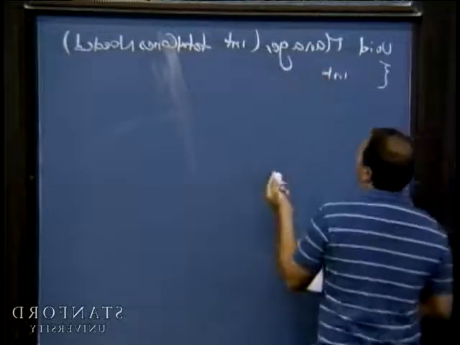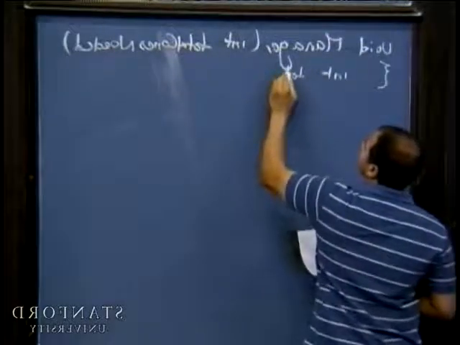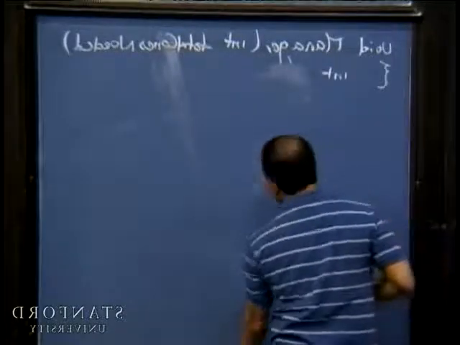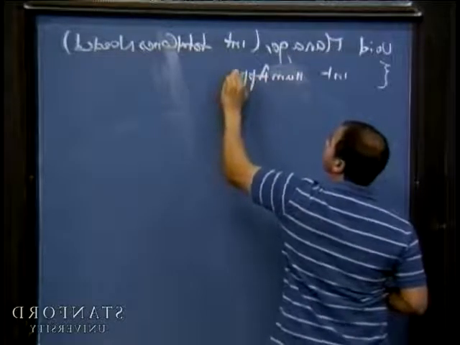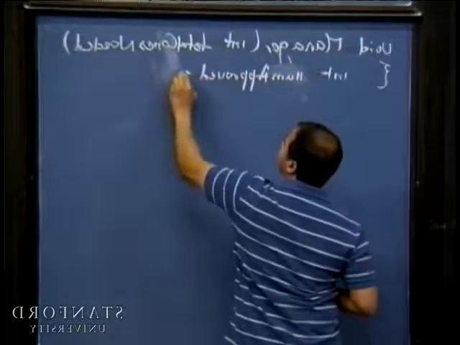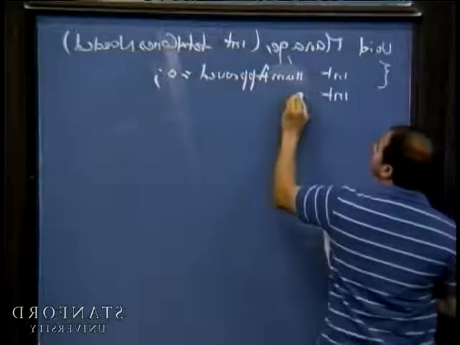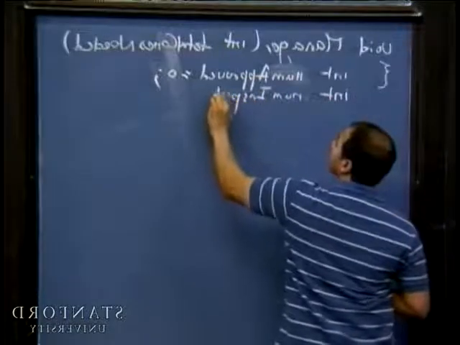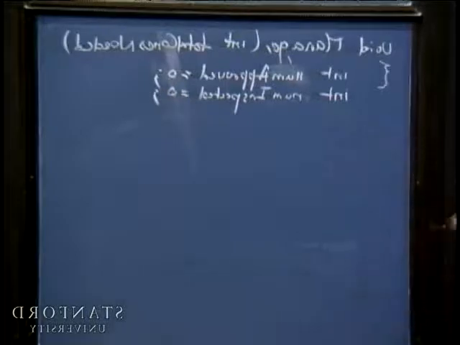One of them is required, the other one is not. The first one, let's call it num approved, which is initialized to 0. And another one, which is num inspected, also initialized to 0.